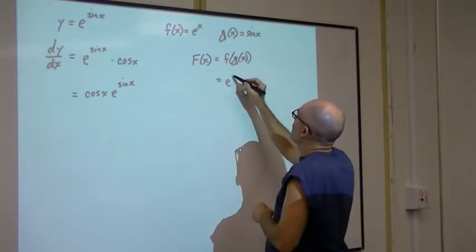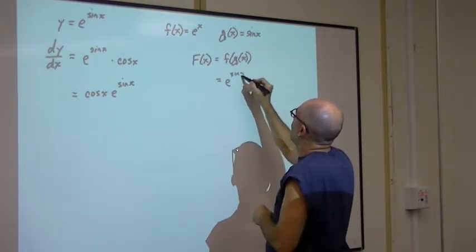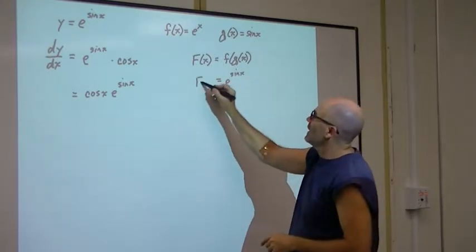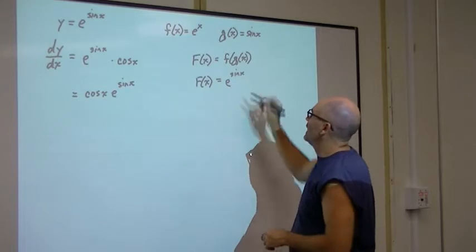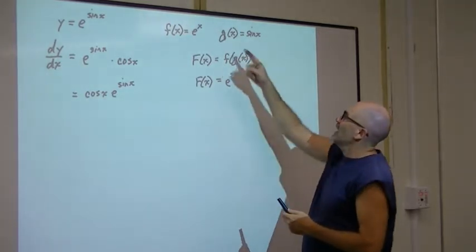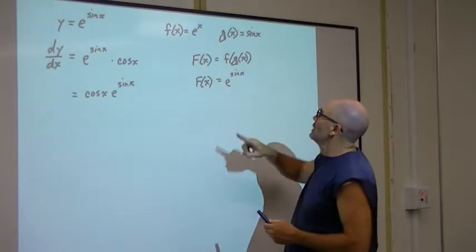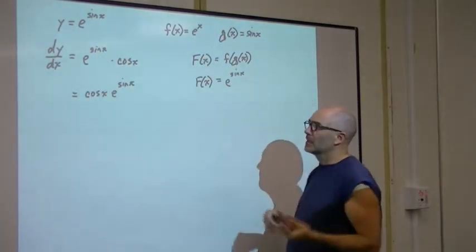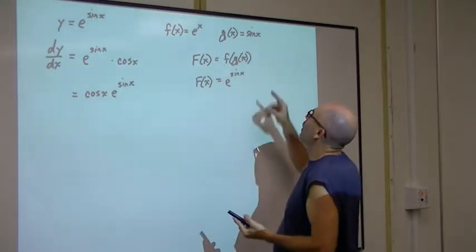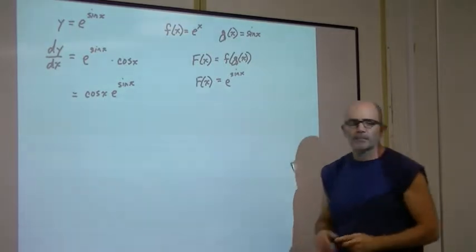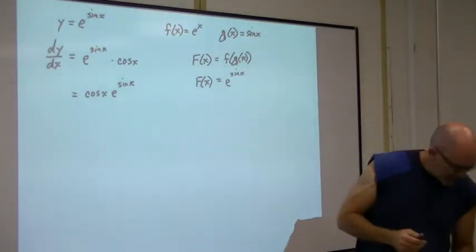What do we plug in for x? The g function. So there's my e to the sine x. So I take the derivative of e to the x, which is just e to the x, although the x is really a sine x. Then I go, okay, now I want the derivative of the inside, which derivative of sine is cosine.